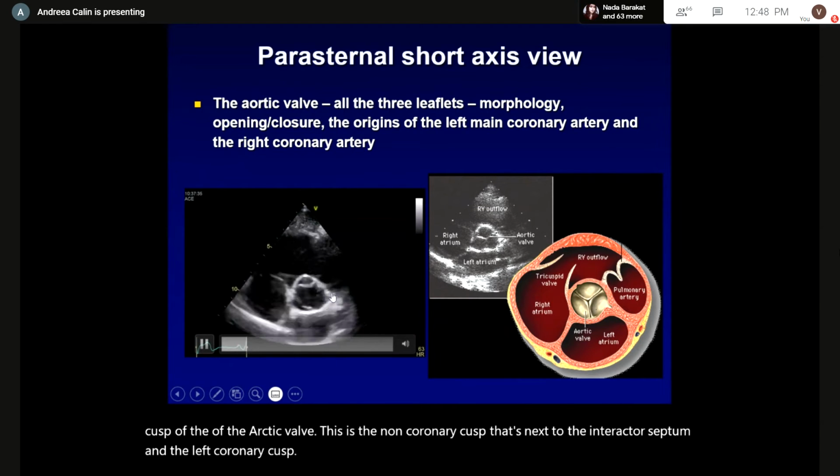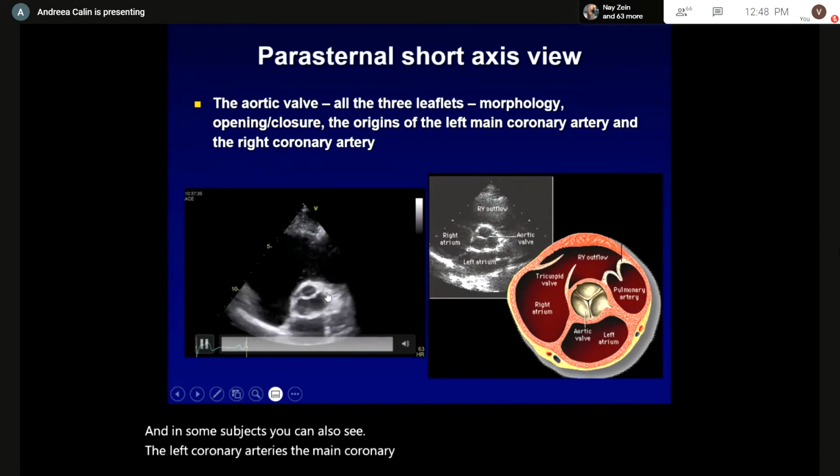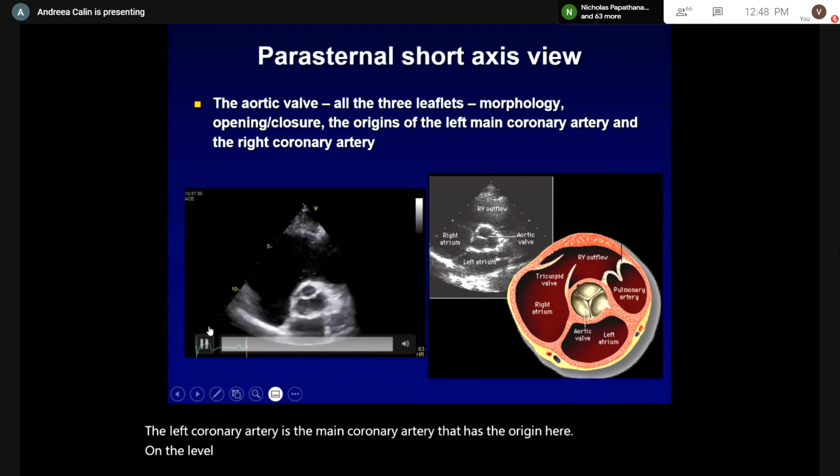And in some subjects, you can also see the left coronary arteries, the main coronary artery that has the origin here at the level of this Valsalva sinus of the aorta.